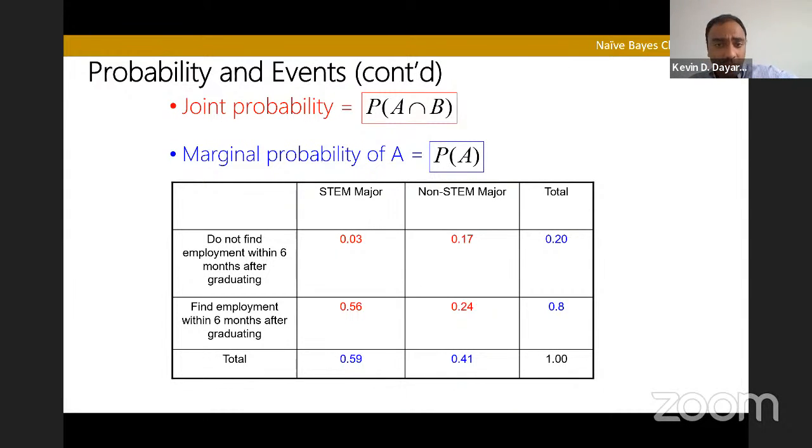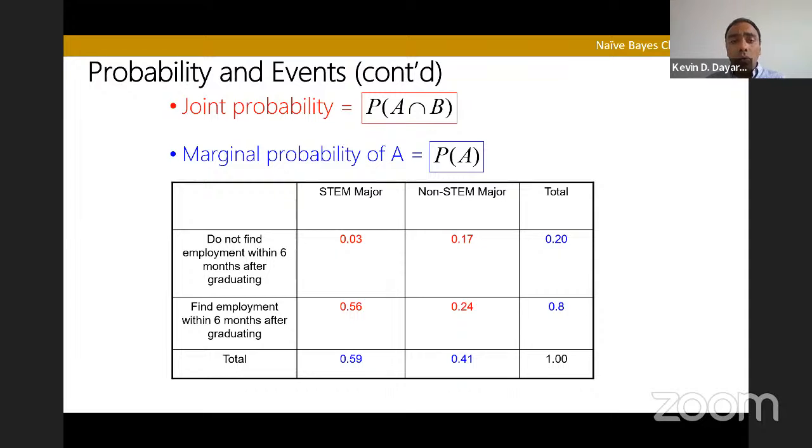You can see here that 3% of the students surveyed were STEM majors who did not find employment within 6 months after graduating. 17% were non-STEM majors who didn't find employment within 6 months after graduating. 56% were STEM majors who found employment within 6 months after graduating. And 24% were non-STEM majors who found employment within 6 months after graduating.